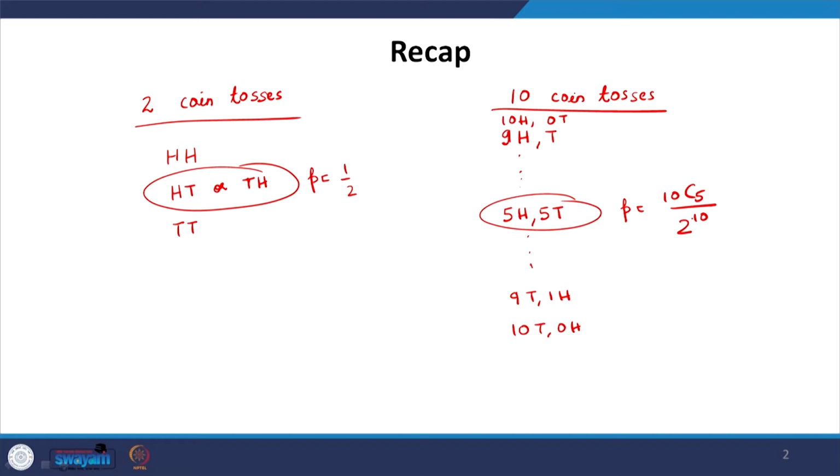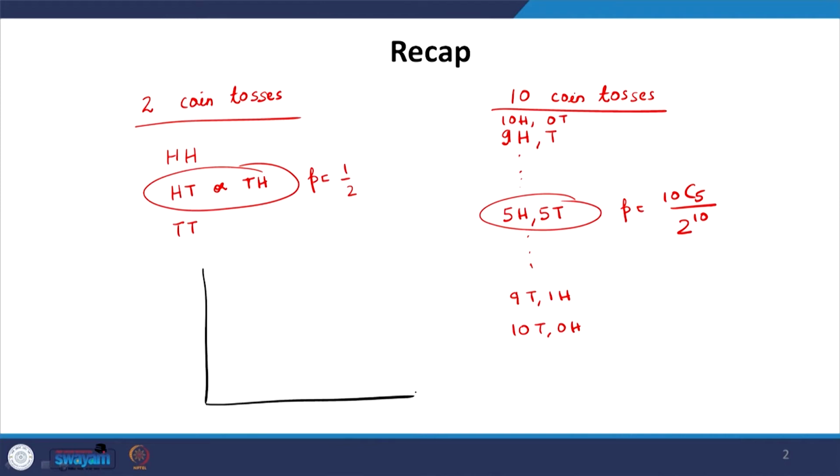However, if I now rephrase the problem slightly and I ask how the probability is changing as a function of the fraction of heads that we are getting in the problem. So, let us say for example, if I plot the probability versus the fraction of heads.